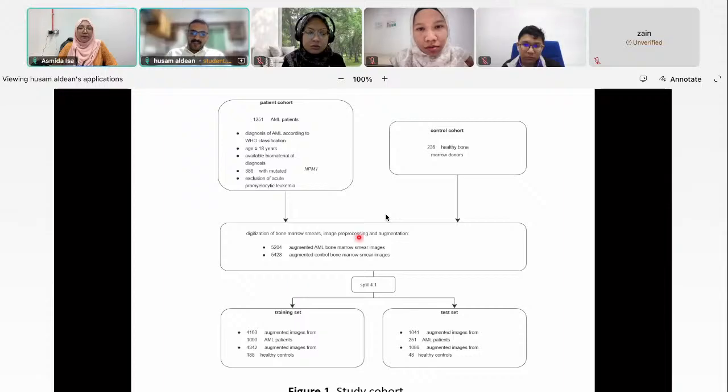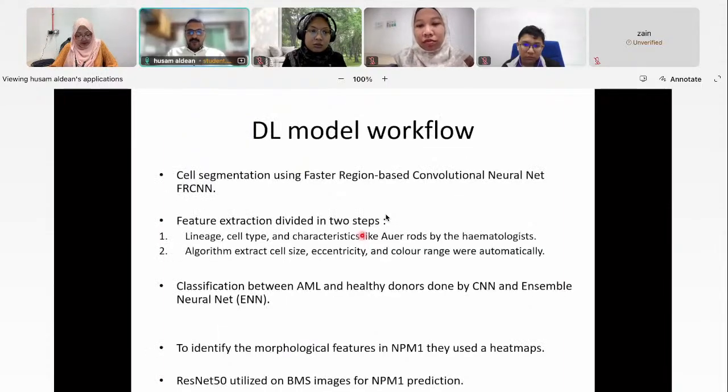Okay. So let me go through the deep learning model workflow. We have three steps. First of all, cell segmentation using Faster R-CNN for segmentation and feature extraction, divided into two steps.